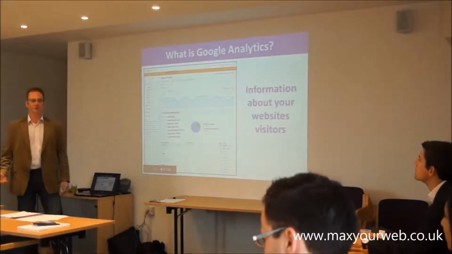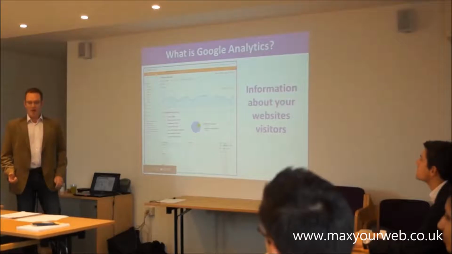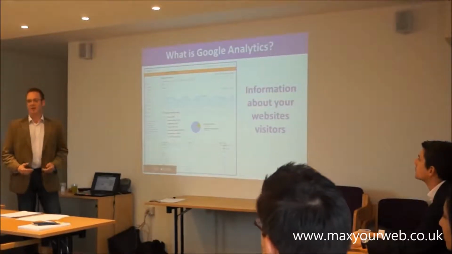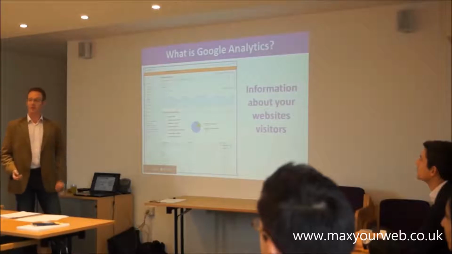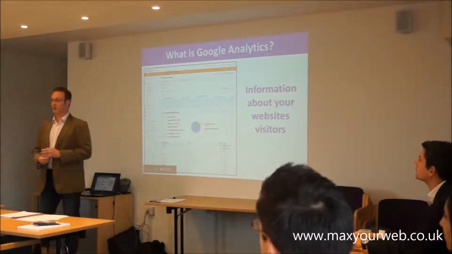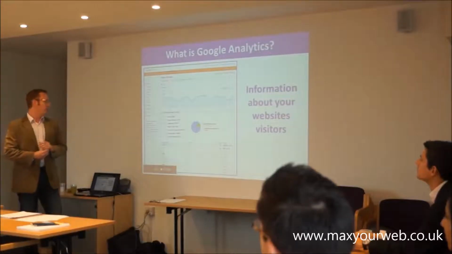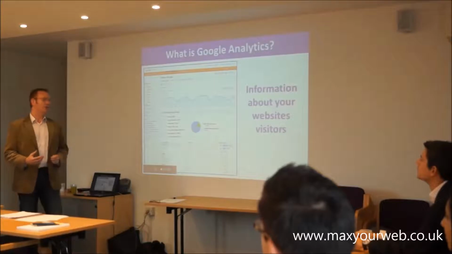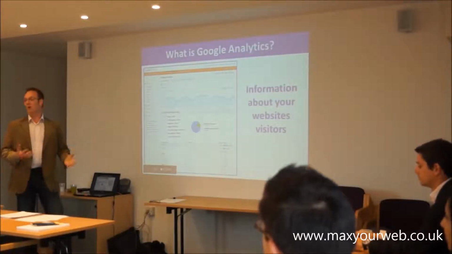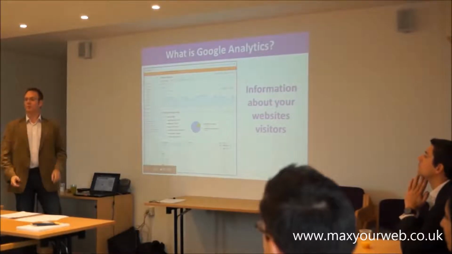It can be very powerful information if you know how to use it properly, and it can improve the performance of your website and enable you to sell more stuff. Or you can not look at it, and it won't tell you anything, and you just let the website run in the background, and it's not optimised and it won't sell more stuff.